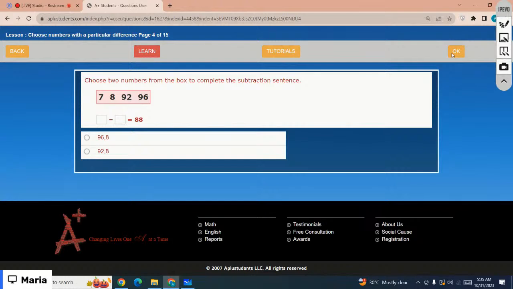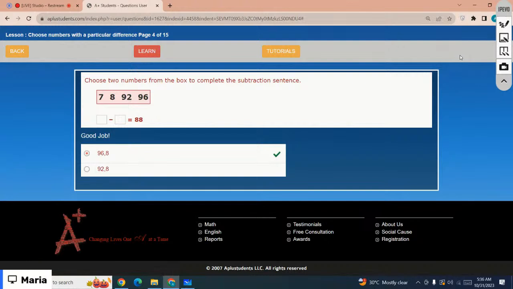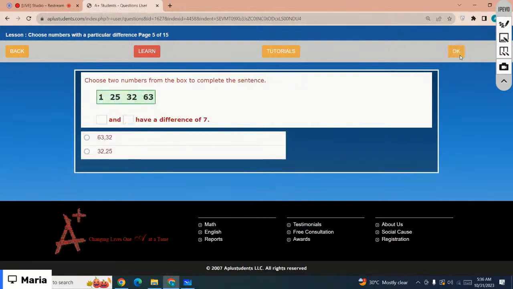The correct option is, very good. 96 minus 8 equals 88. Okay, the next one is choose two numbers from the box to complete the sentence. So, which two numbers have a difference of 7? Which is the correct option?